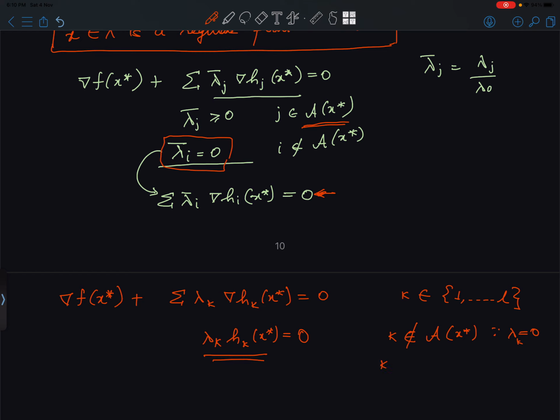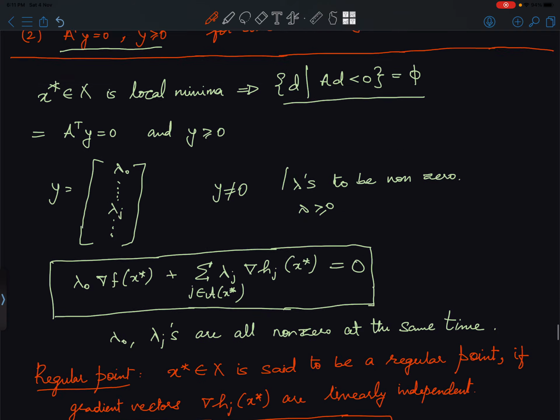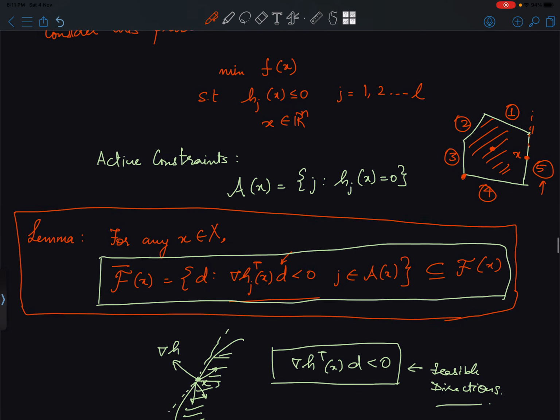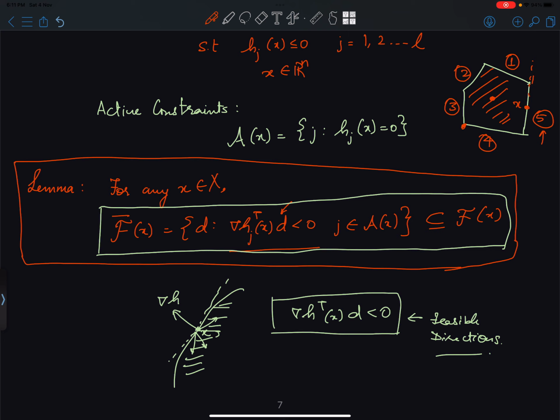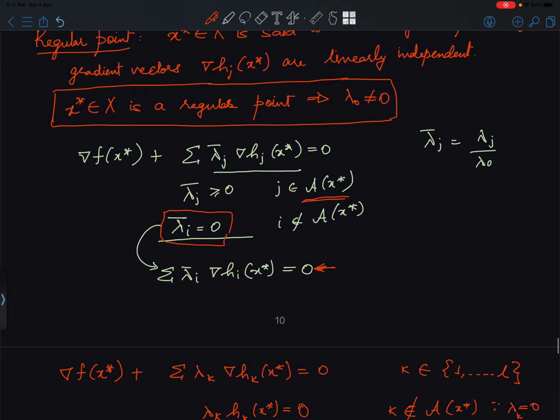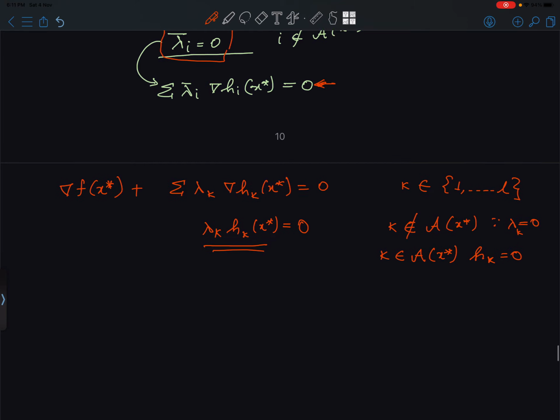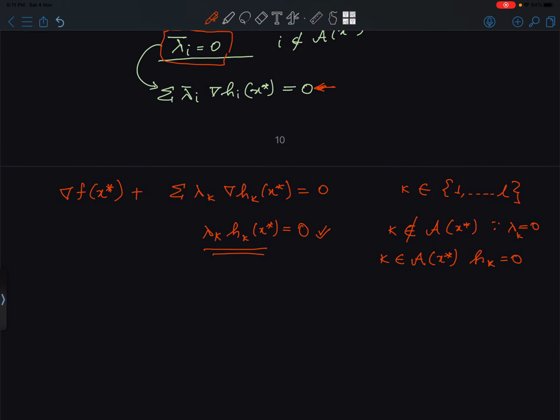And in the case where k belongs to the active set, this is true because my h k equals 0, because active set means what? Active set means the set of all the points where my constraint is 0, right? So basically in either of the cases this particular condition is true, right?